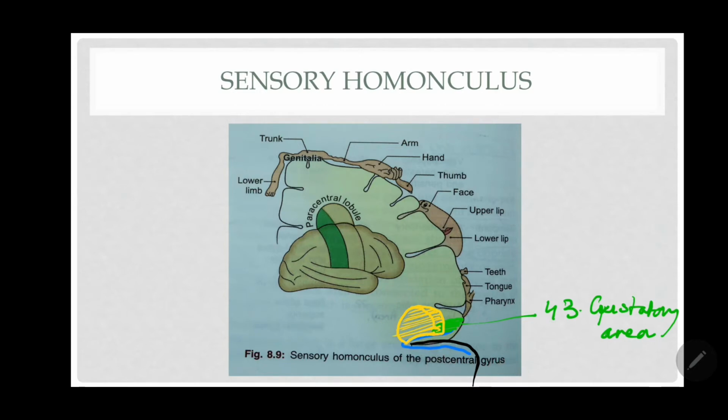Remember in the motor cortex, area number 6 was in the prefrontal cortex, and that was reaching onto the medial surface, where it was called the supplementary motor area, right?